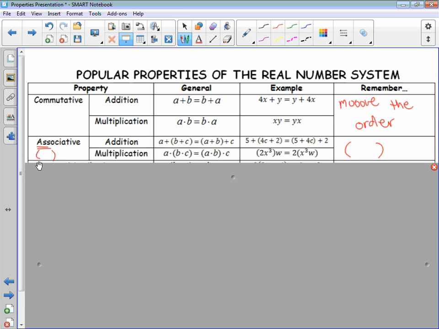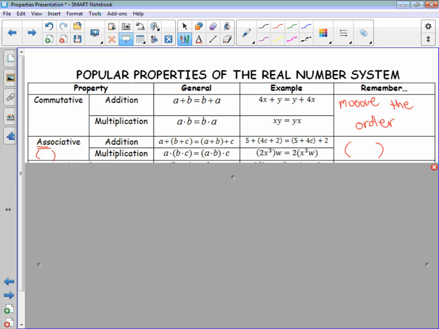So, when you think about, you got commutative, associative. 2 down, right? Next one should be pretty easy.